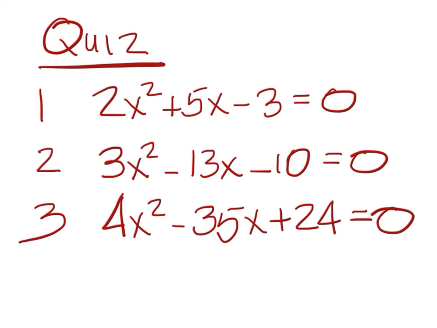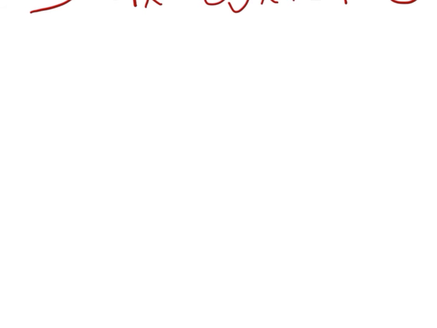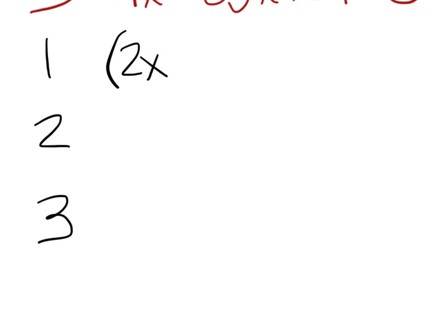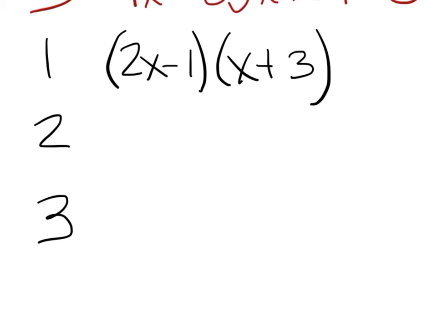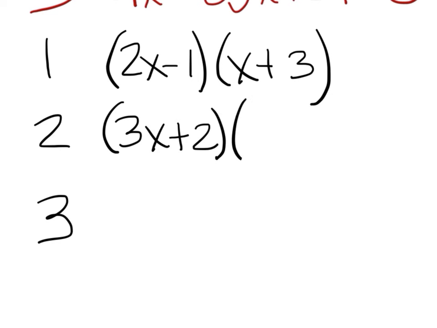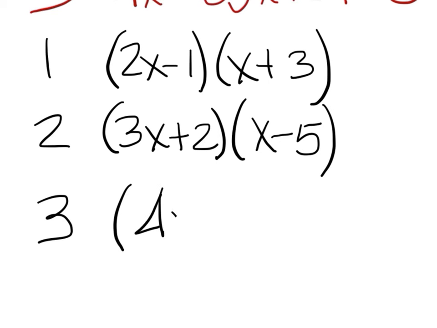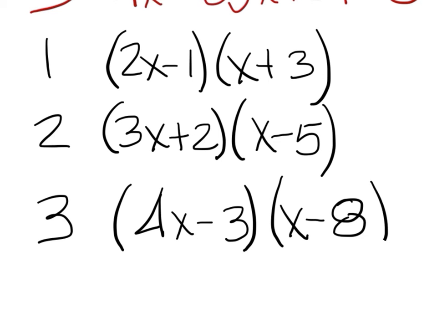The solution for your quiz. First, I'm going to show you what the factorizations should have been so you can see any mistakes you may have made. The first one would be 2x minus 1 and then x plus 3. And then the second one is 3x plus 2, x minus 5. The third one is 4x minus 3, x minus 8.